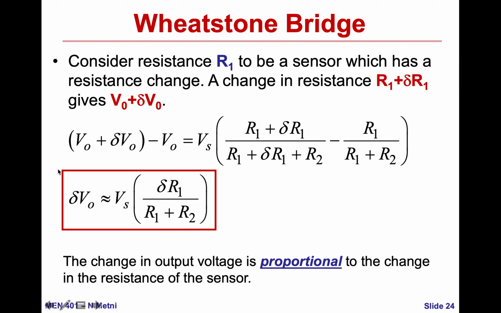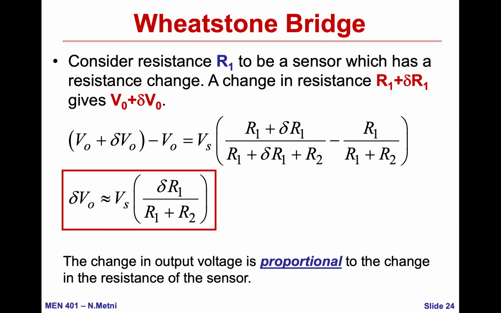So I will have a linear relation between delta V0 and delta R1. In this case, the first disadvantage of the voltage divider is solved in the Wheatstone bridge. Therefore, the change in voltage is linearly proportional with respect to the change in the resistance of the sensor.